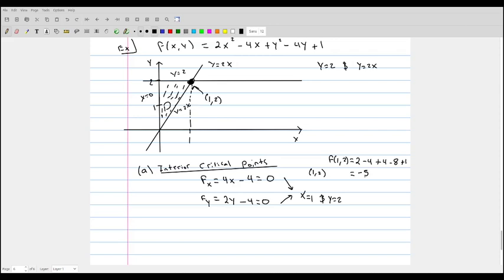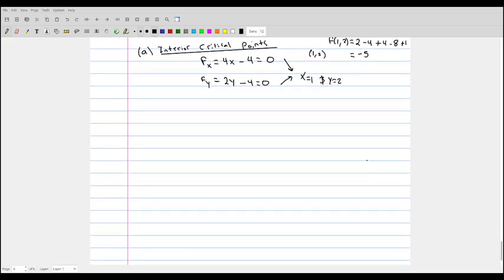This is a potential max or min of our function. So this concludes our part A. And then for step B, we have to go through and investigate this at each different possible boundary or piece of the boundary.